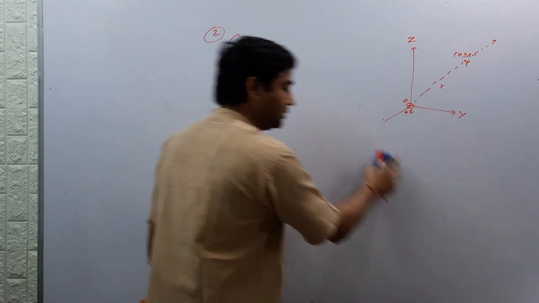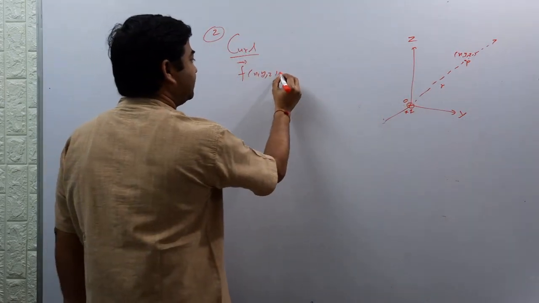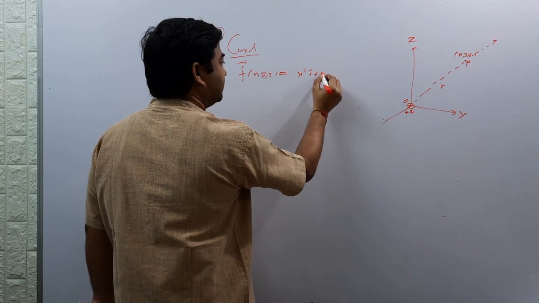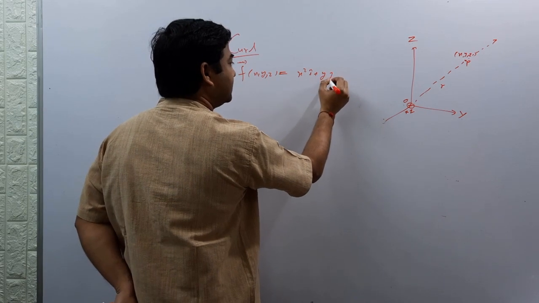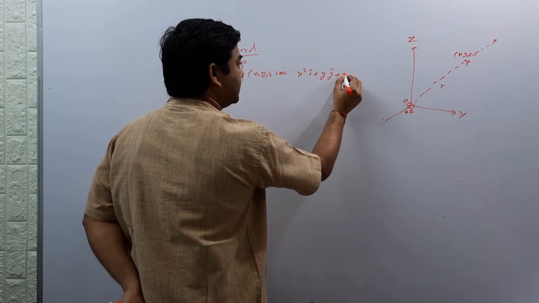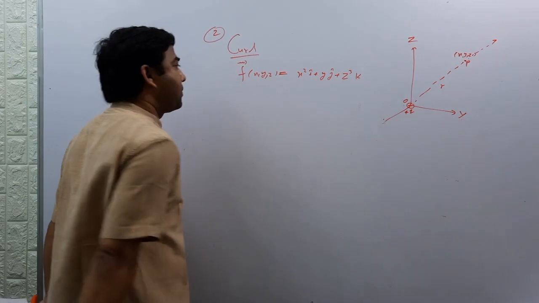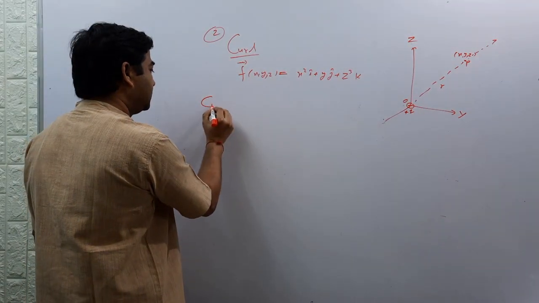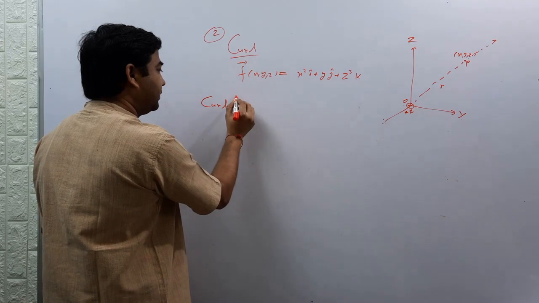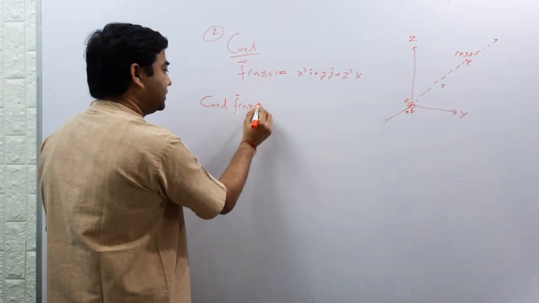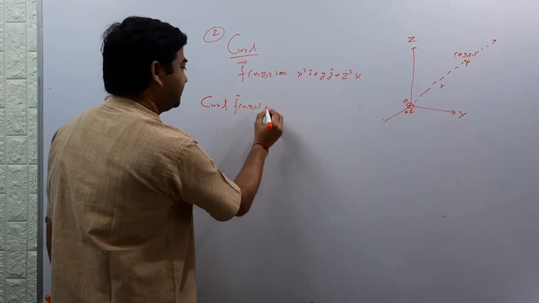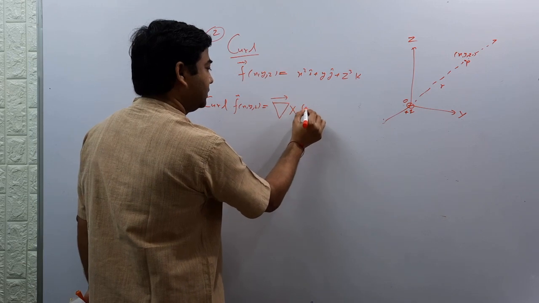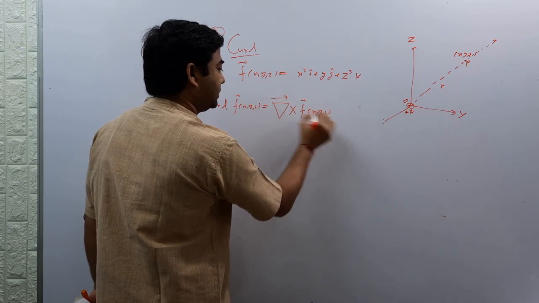So, for example, there is a vector field, and we will just take an arbitrary vector field: x squared i plus y j plus z cubed k. This is a vector field. Now we want to find the curl of this vector field F(x, y, z). The curl of this vector field is nothing but the cross product of del with the field F(x, y, z).